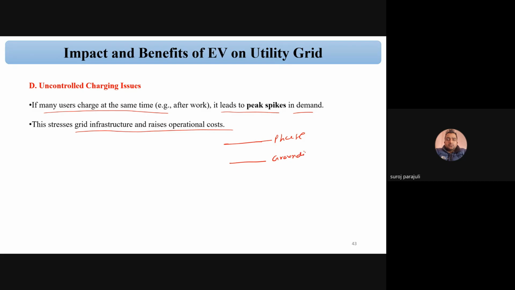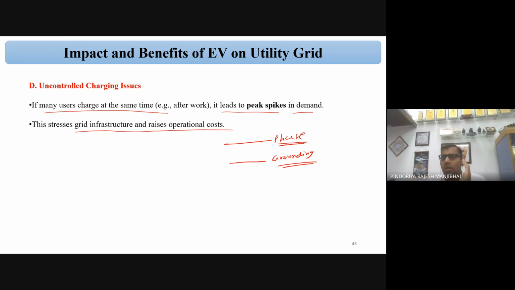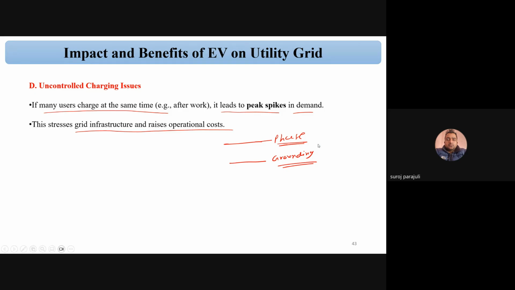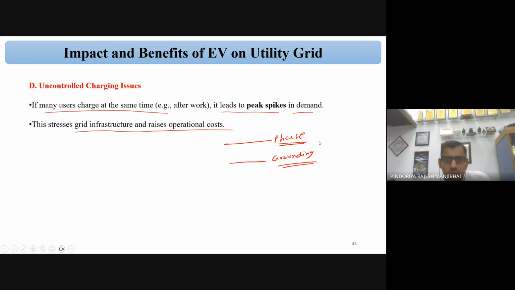So the battery charger is not sensitive to that power supply, sir. Okay, as of now, I don't have any idea about this issue, so maybe I will work it out and then let you know. Phase grounding. Currently, I don't have any idea why it is not sensitive, but I will find out the answer and let you know.